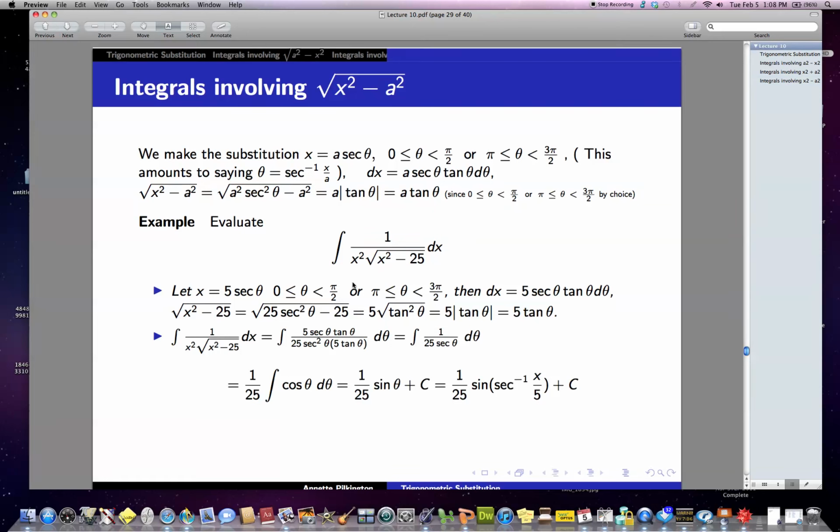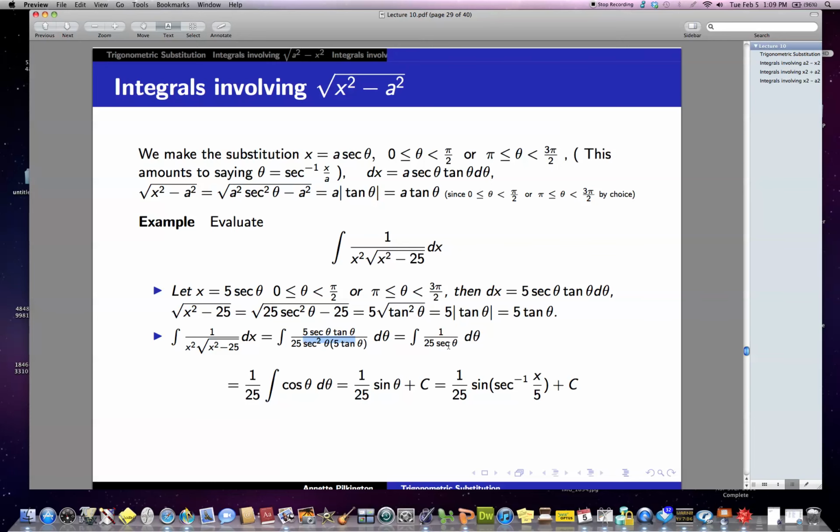And now my integral becomes dx, which is 5 times secant theta, tangent theta times d theta, over x squared, which is 25 times secant squared theta, times the square root of x squared minus 25, which is 5 times tangent of theta. Many things cancel, and I'm just left with 1 over 25 times the integral of secant theta d theta.